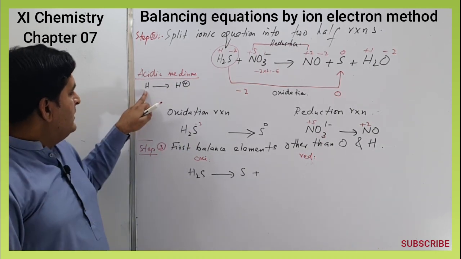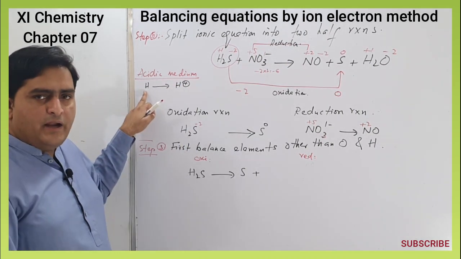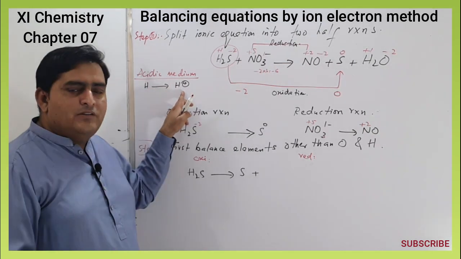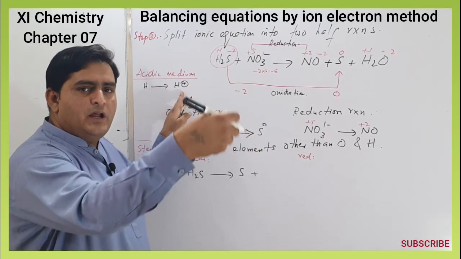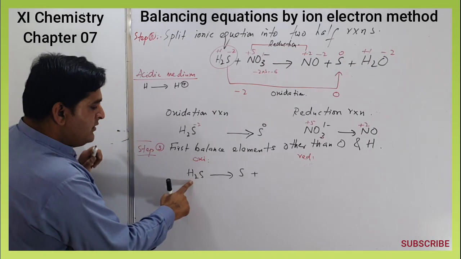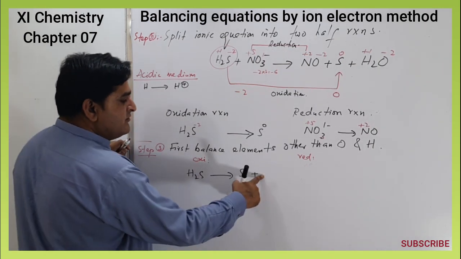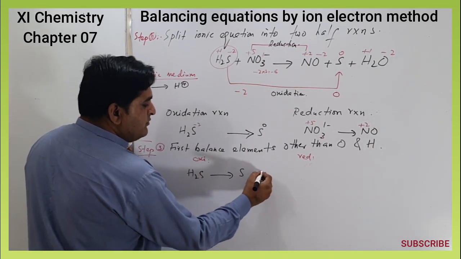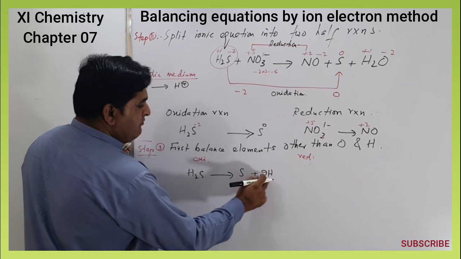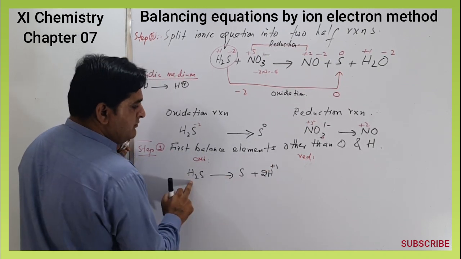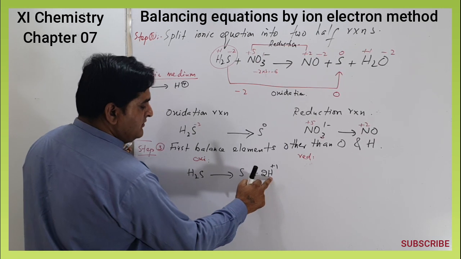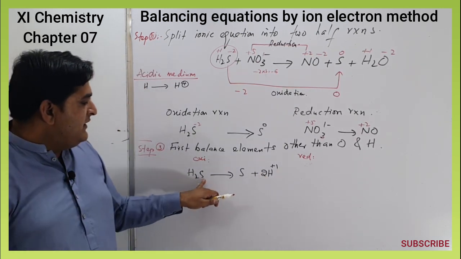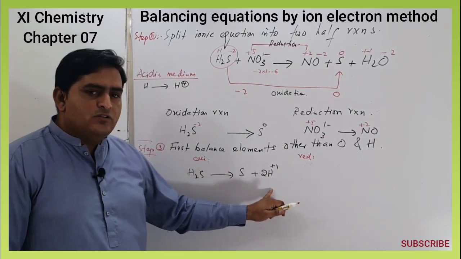If hydrogen is in excess on one side, we add hydrogen ions at the deficient side. Here there are two hydrogen atoms in excess, and on this side there are no hydrogen atoms, so for each hydrogen we write one hydrogen ion. So we write two hydrogen ions. In this way, sulfur is balanced, and hydrogen is also balanced.